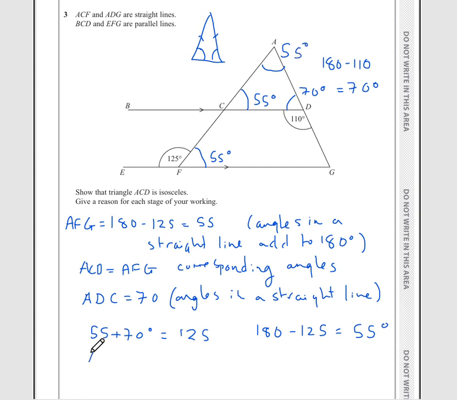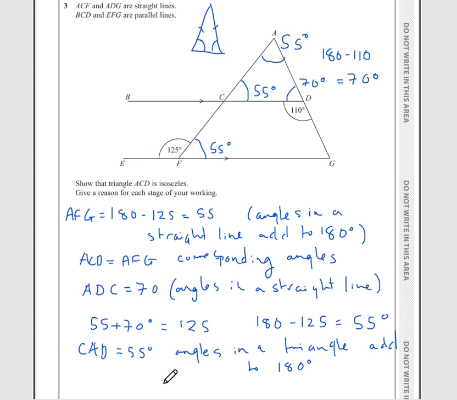So I've got angle CAD is equal to 55 degrees. And we've got angles in a triangle add to 180 degrees. Okay, the first thing I need to state is just obviously we've got these two angles that are equal. So this triangle is isosceles.